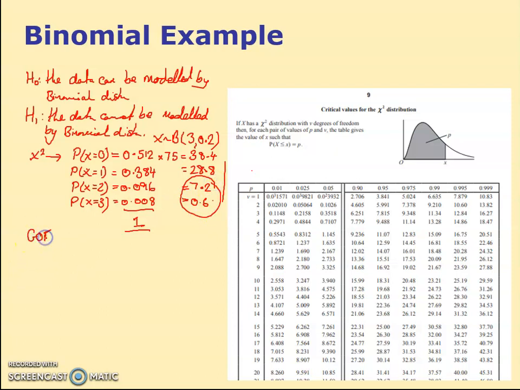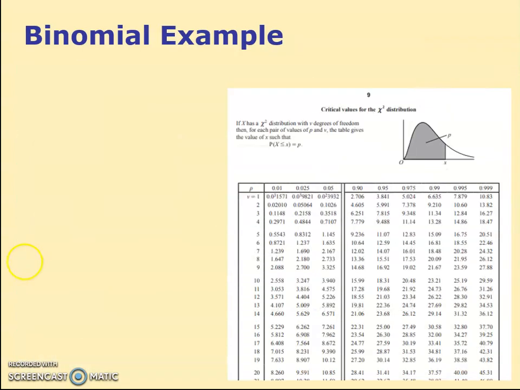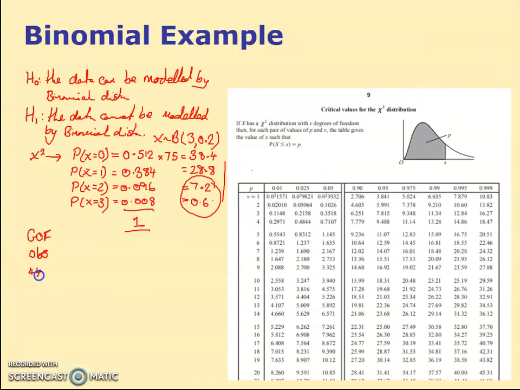When I do my GOF test then, I'm going to have my observed data in this one. Let's go back and see the data: 44, 20, and the last one when I combine it was 11. And when I do my expected data then, I can now write 38.4, 28.8, and when I add those together, I get 7.8.